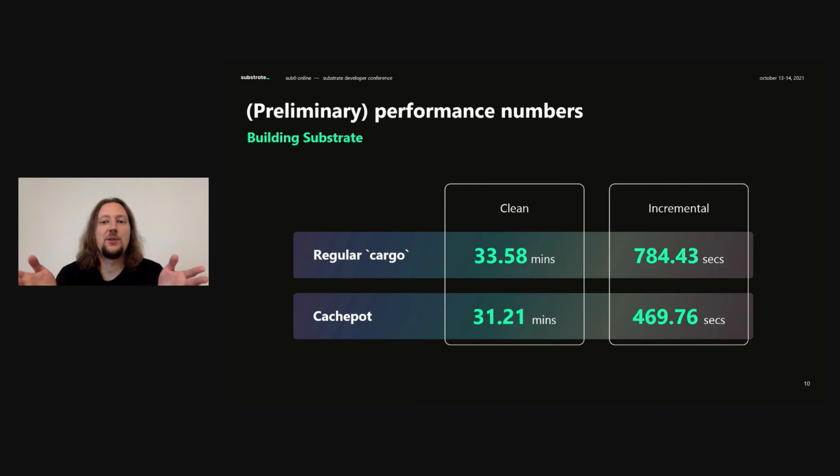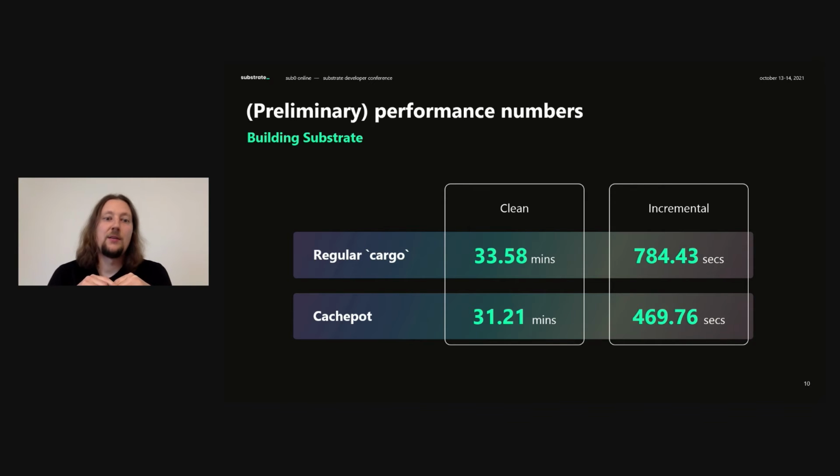And those numbers are just compiled by running the Substrate build on a laptop, and running the Cachepot scheduler on the same machine, and running the Cachepot build farm on the same machine, and running the cache on the same machine, which sort of assumes quite a bit of networking overhead on just a regular developer's laptop, which is a nice machine, but not something stellar, not something like a cluster of top tier server CPU nodes. And even with all the overhead, we see certain speedups in the compilation.